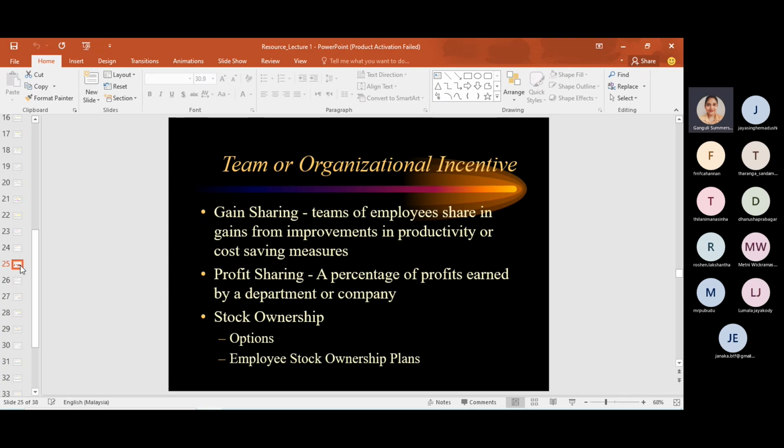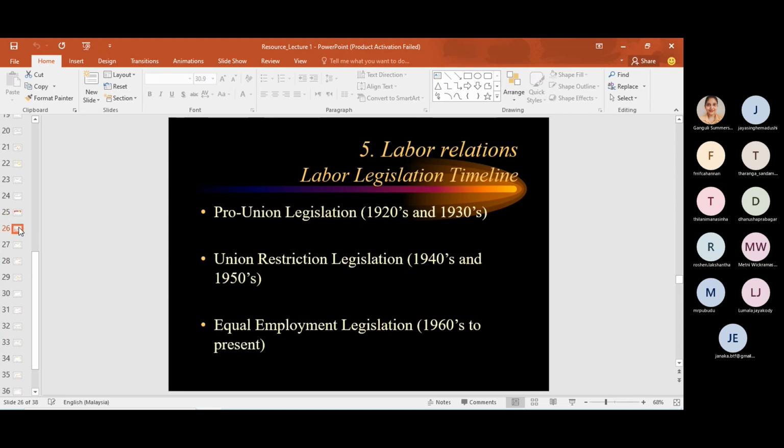Okay, so far we talked about pay and benefits. The last HRM component is labor relations.